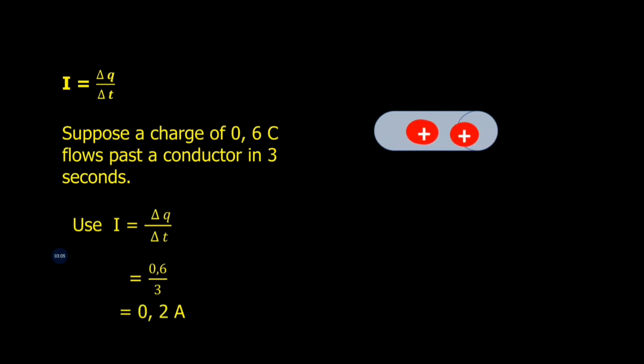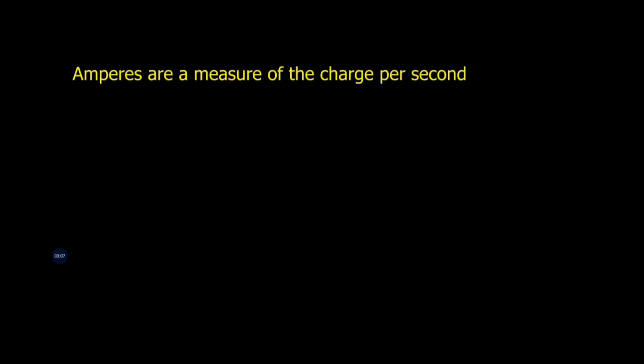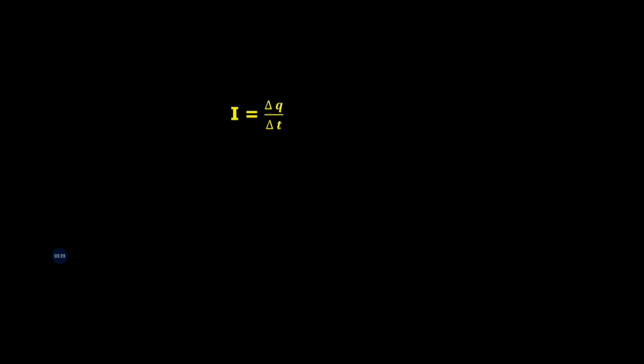Amperes are thus a measure of the charge per second. 0.2 amps is 0.2 coulombs per second, 10 amps is 10 coulombs per second. The equation I equals delta Q over delta T can be used to calculate either the charge, the time, or the current.